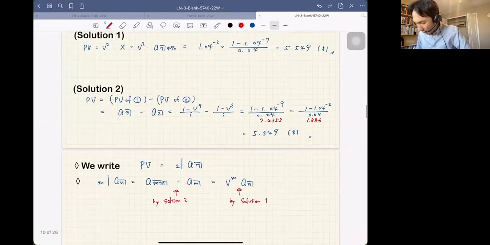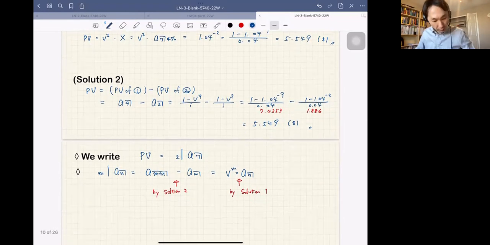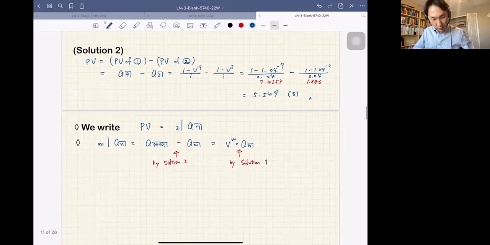Either we multiply by v to the power m, or we take the difference between two cash flows. At first we consider the entire m plus n years of annuity, then we cancel the first m years of annuity. So this is the deferred annuity.